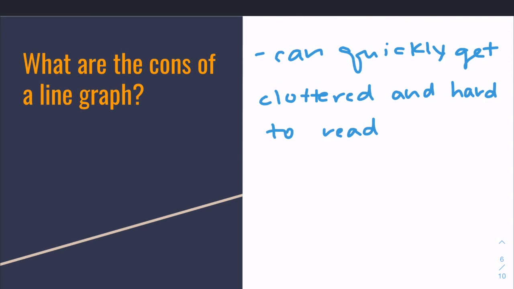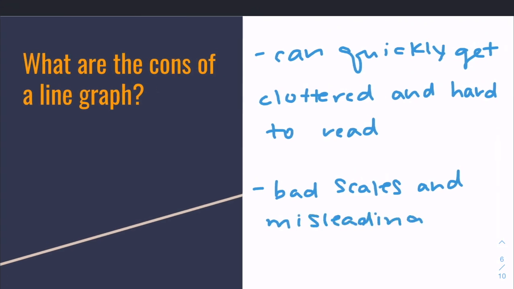And then oftentimes line graphs have bad scales on them, and they can be misleading. Oftentimes you'll see line graphs on the news or on social media, and it wants you to think one thing because they made the scales bad or because they formatted it in a weird way. And so line graphs can be misleading in that way, so you do have to be careful. So that is what a line graph is. That is the pros and cons of a line graph.